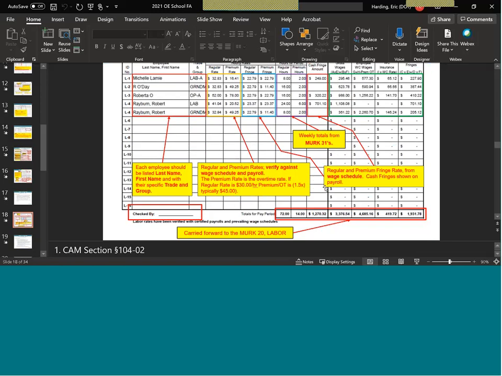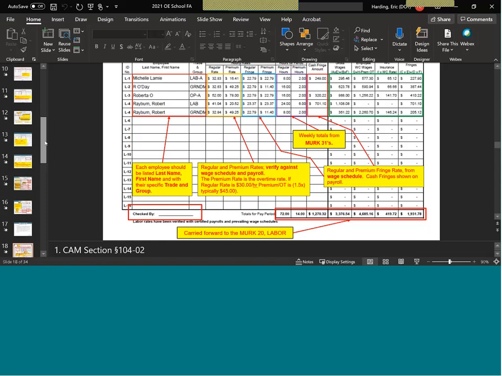You go down to the bottom, totals for pay period. All this information is carried forward to the MERC 20 labor summary. So all that work is done for the contractor, and we looked at that before, where they could show multiple weeks. See if I can easily go back.